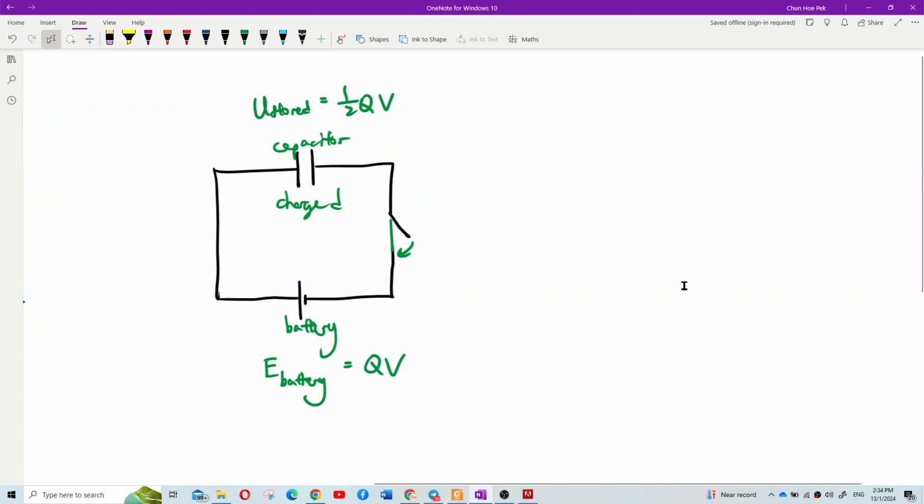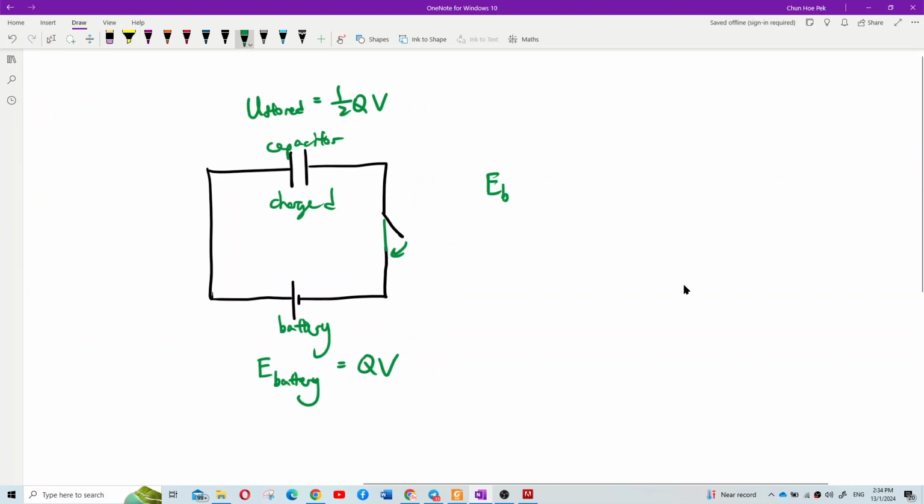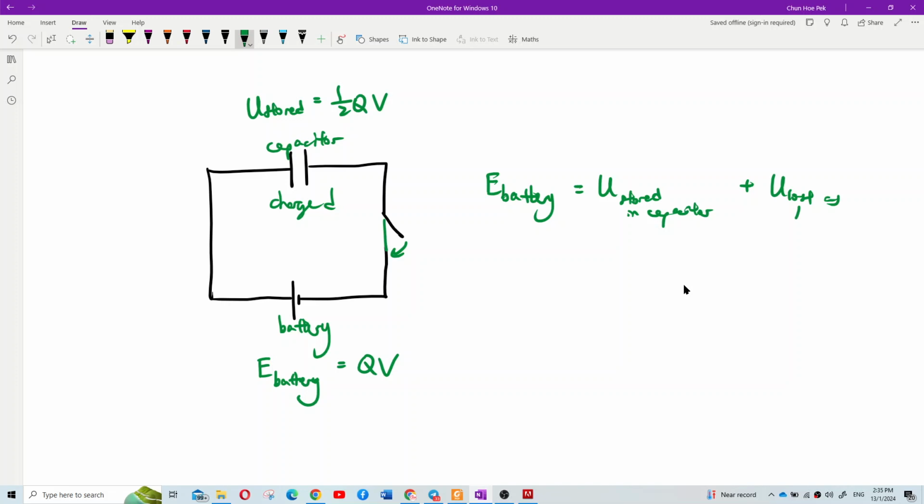So actually it's like this. Energy produced by the battery is equal to energy stored in capacitor plus energy lost as heat. Energy produced by battery is QV. Energy stored in capacitor is only half of it.